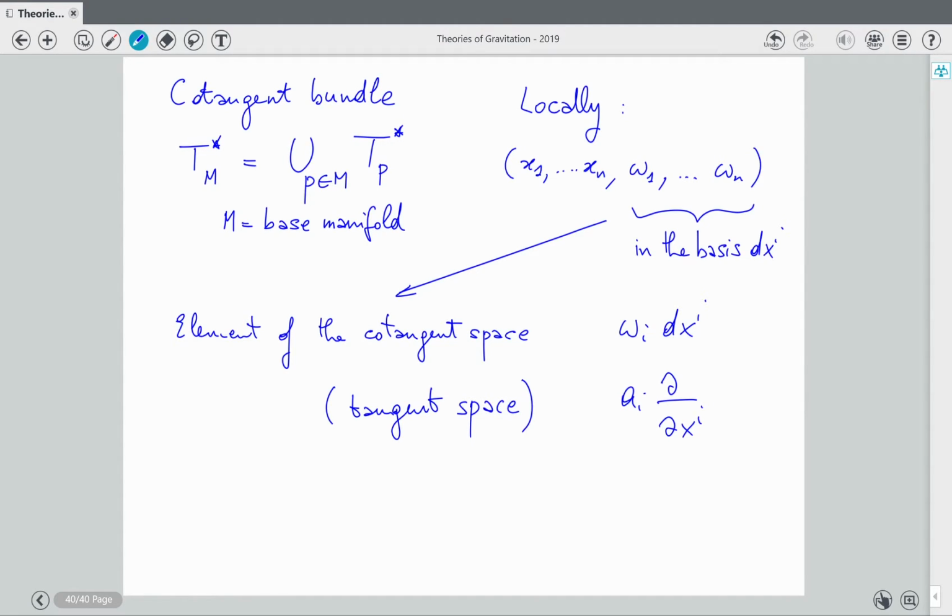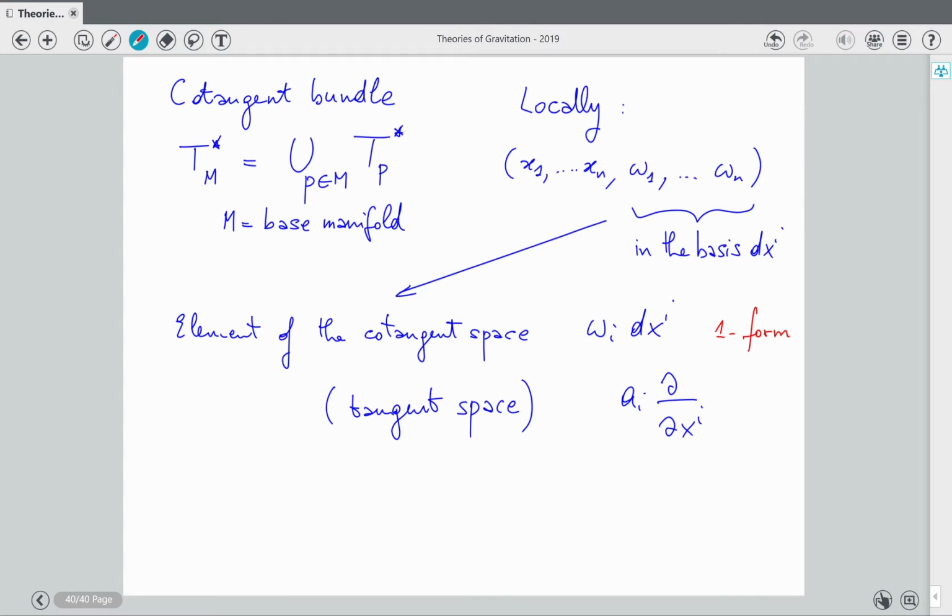So tangent space means vectors, derivations, differentials are one forms, elements of the cotangent space. It is a differential form of degree 1.